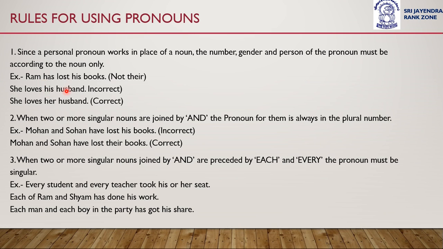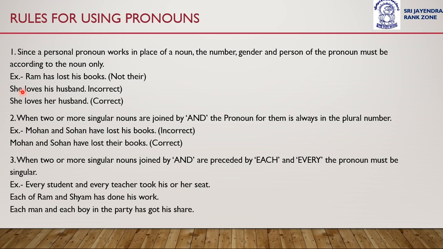She loves his husband is an incorrect sentence. Can you guess why? Because we cannot use his with she. We have to match the gender of she and the form of personal pronoun, that is her. So we should use her over here. The correct sentence would be, she loves her husband.